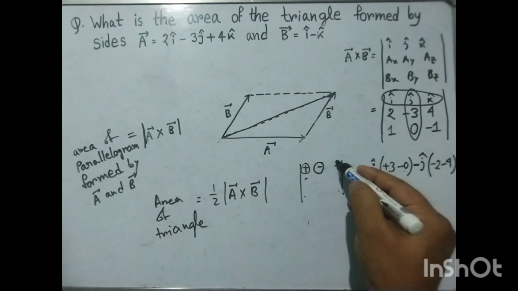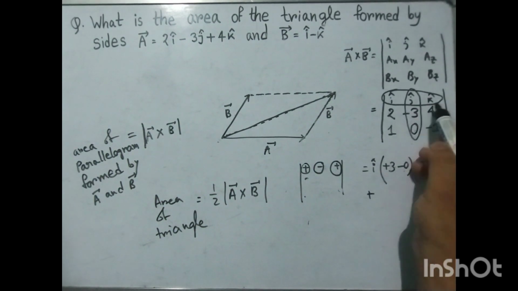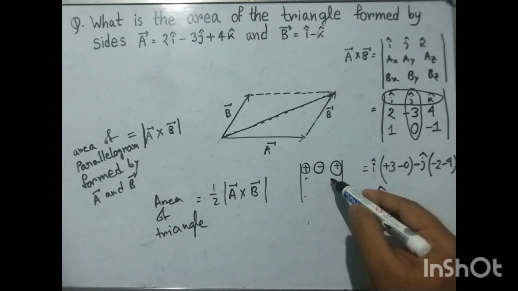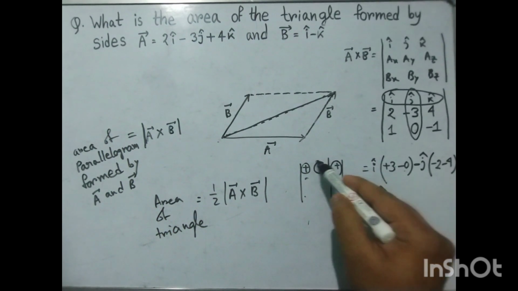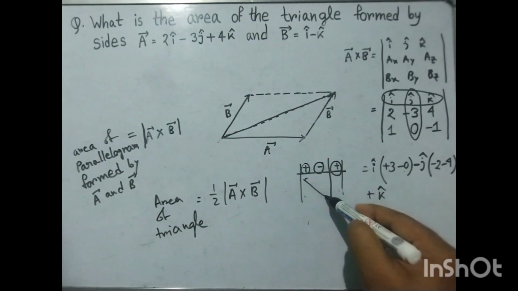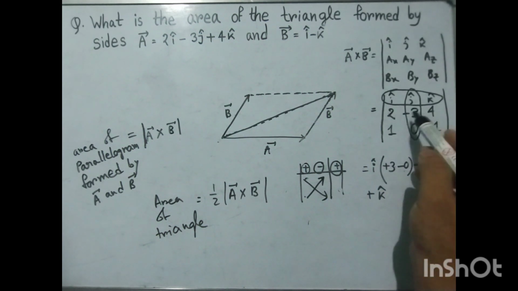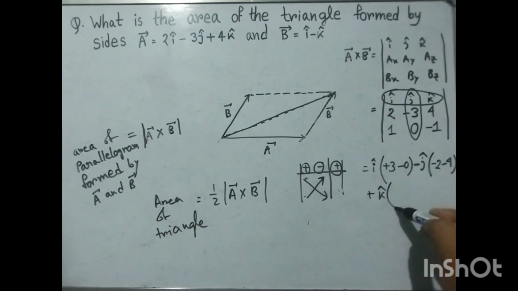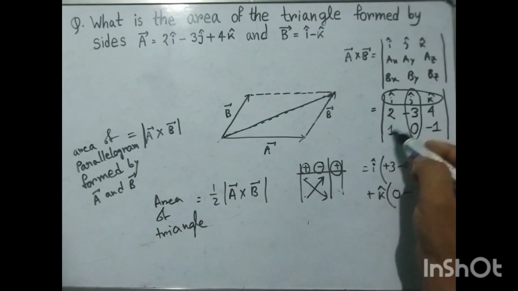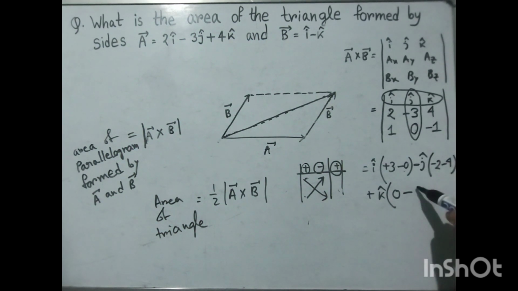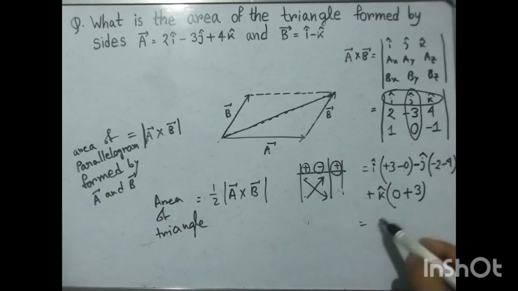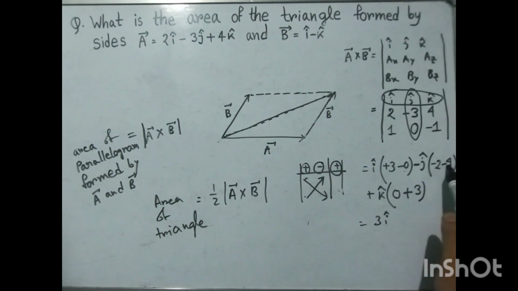Now plus k cap, and now you have to omit this line and this line, so here it will be like this. So 2 into 0, that is 0, minus 1 into minus 3, that will be plus 3. So it will be 3 i cap minus 6 plus 6 j cap plus 3 k cap.